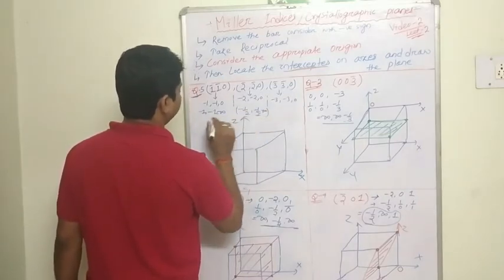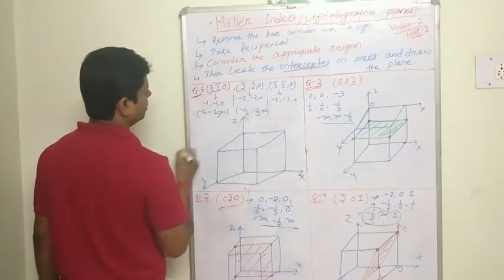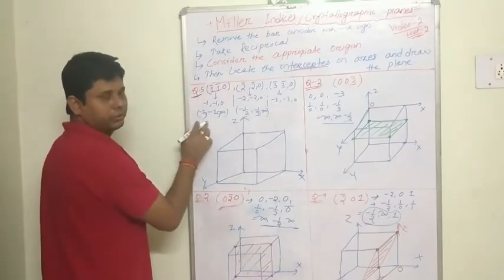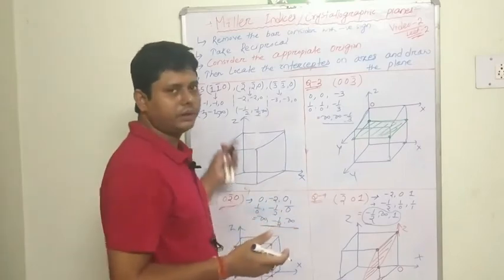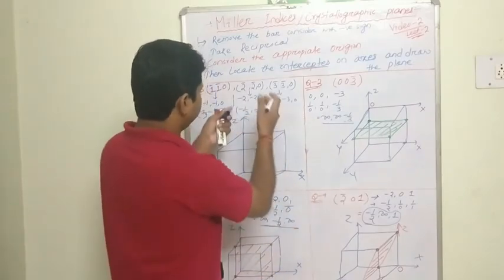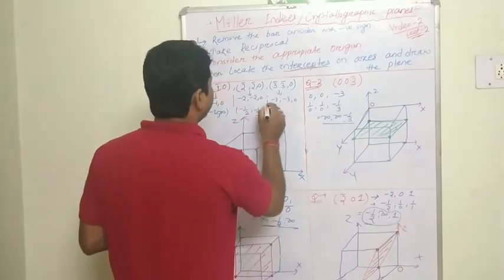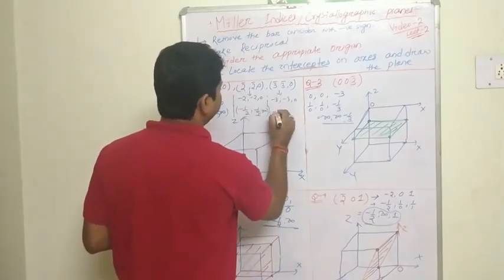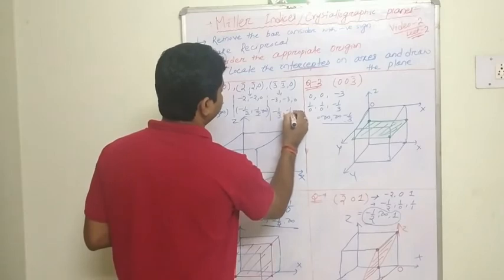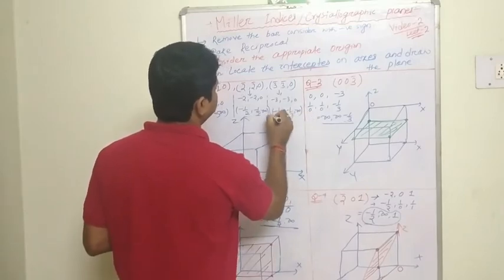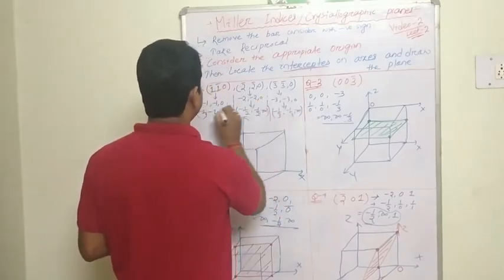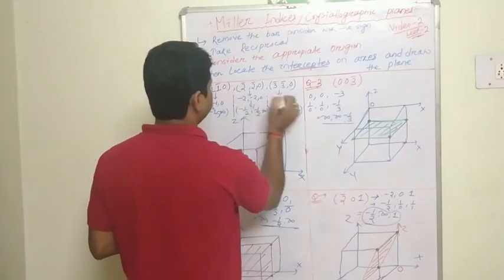Okay, you can put the bracket, no problem, because here I have put the comma. Comma means it will represent the intercept. Then another intercept will be -1/3, -1/3, and infinite, right?